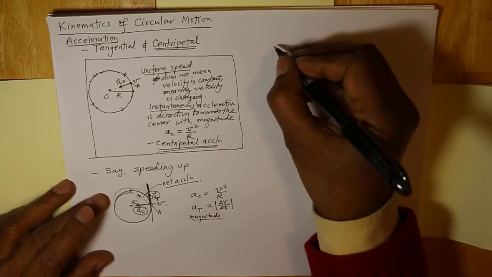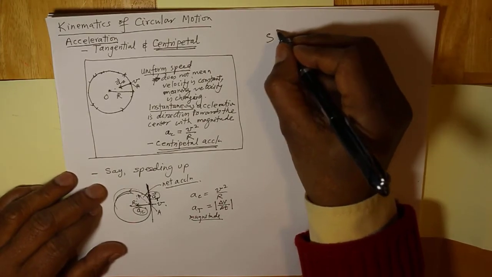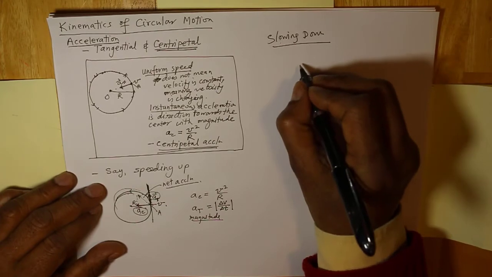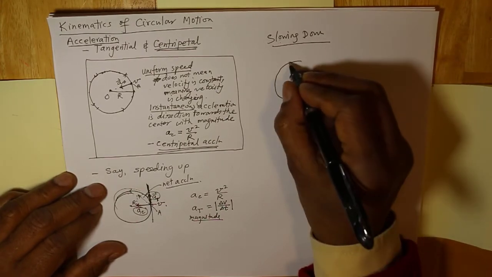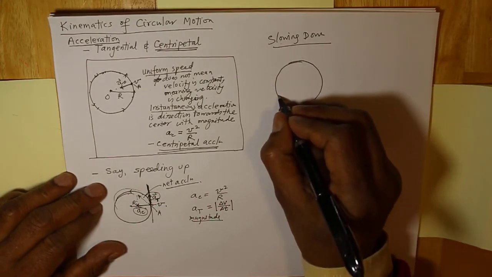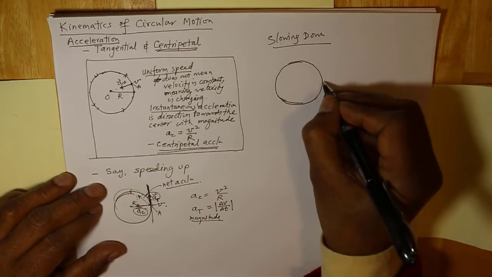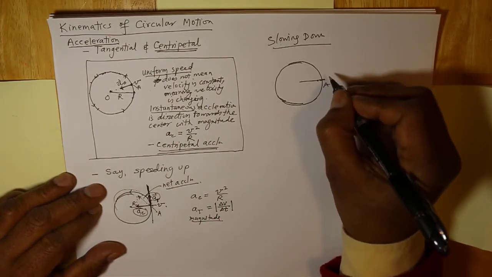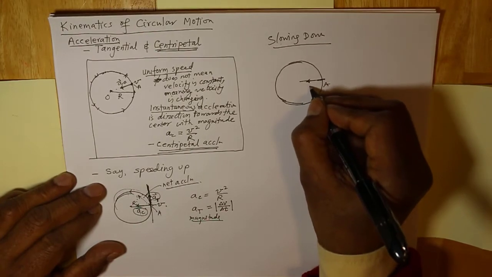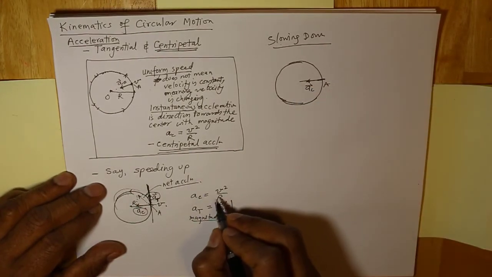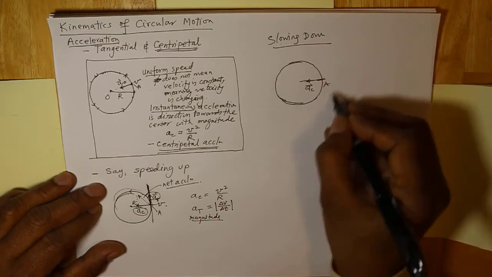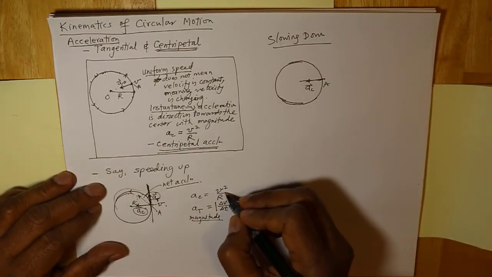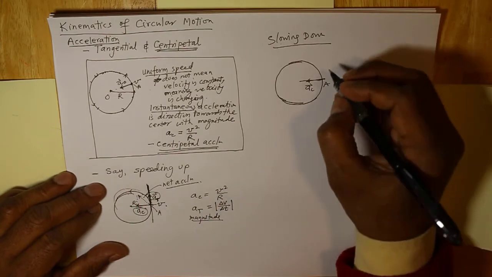So let me write down what will happen in a slowing down case. We'll draw again the circle and look at the same point A, and there's A sub c based on just going in a circle, with the same magnitude and relation.